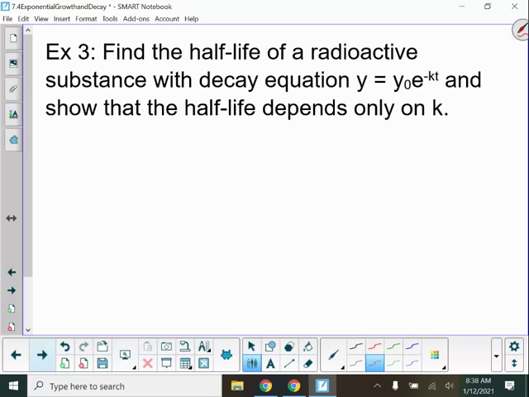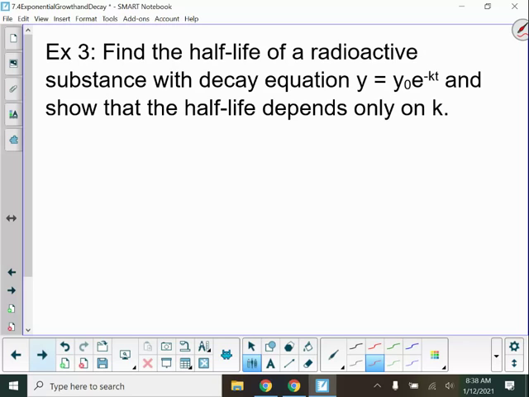The last thing that we're going to look at in this video is going to be half-life, and this will then continue into our first example on the next video. It says find the half-life of a radioactive substance with decay equation y equals y sub 0 e to the negative kt, and show that that half-life depends only on k.